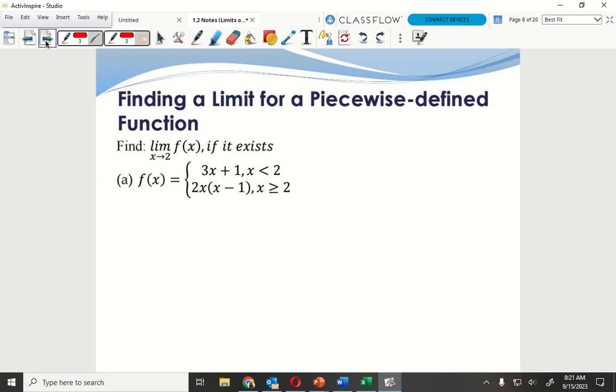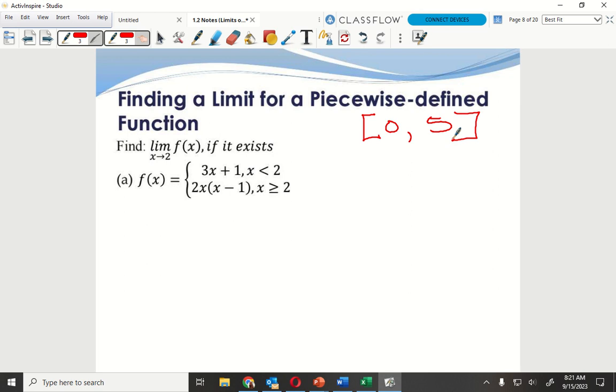So there's no starting point, because if it looks like that, it would be like from 0 to 5 or something like that. It would be giving you a domain, or over the interval of. Those are the words that you're going to be looking for: over the interval of, or in the domain of.